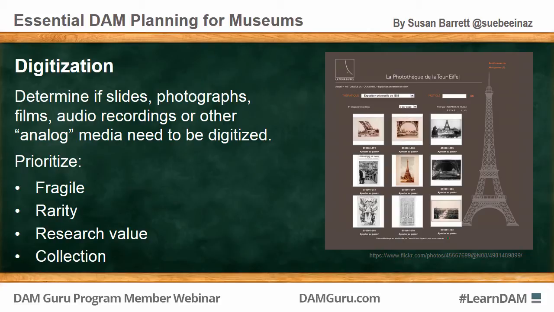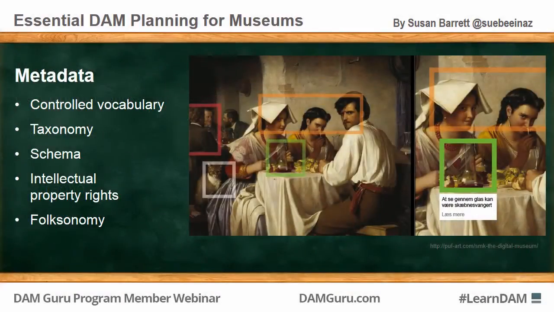or you can digitize systematically by collection. Metadata means information about data, and it is the most important component of finding and accessing digital assets. Metadata identifies who created the digital materials, when, where, and for what purpose.